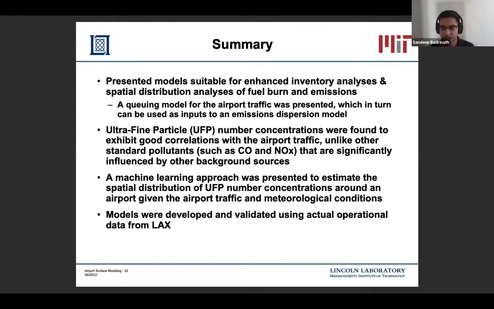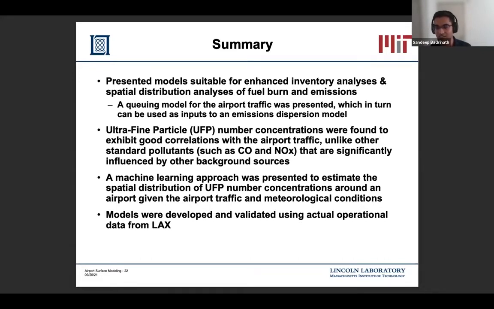Yeah, in theory, I think it's possible, since we have a model for the traffic movements for each runway configuration as a function of airline schedule and weather. We can estimate the traffic movement for each particular runway configuration and estimate the impact on the environment. In theory, this is possible to do, but I don't know how practical it will be to change operations, like changing runway configurations in real time.